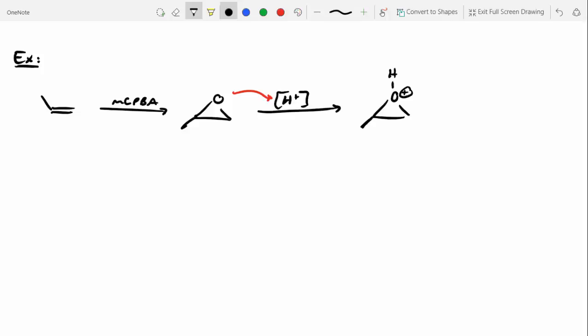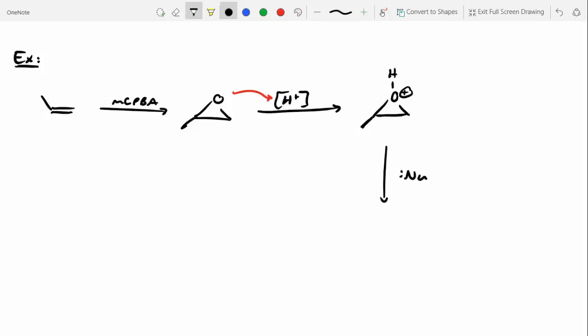Now we've got a choice as a nucleophile. Are we going to attack the less substituted side simply because it's less crowded, or are we going to attack the more substituted side because it goes through the more stable transition state? And it's not immediately intuitive.